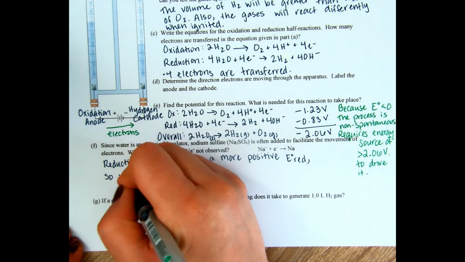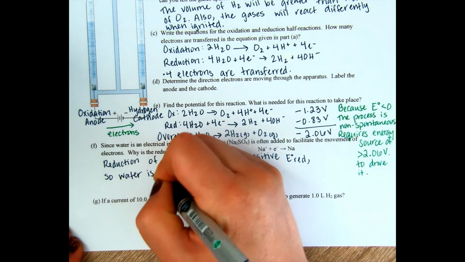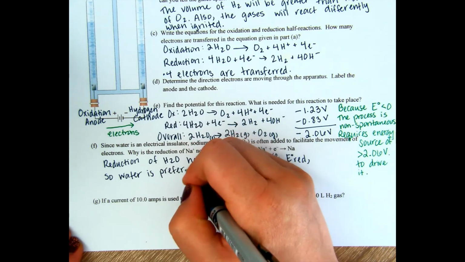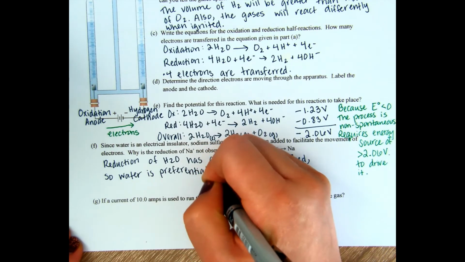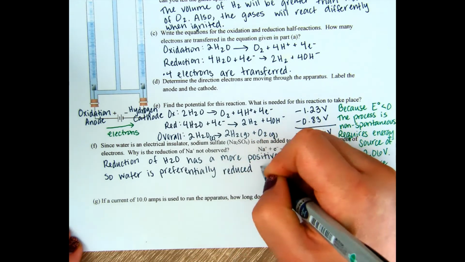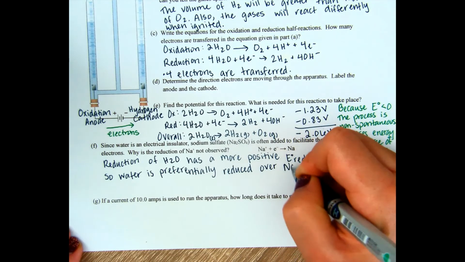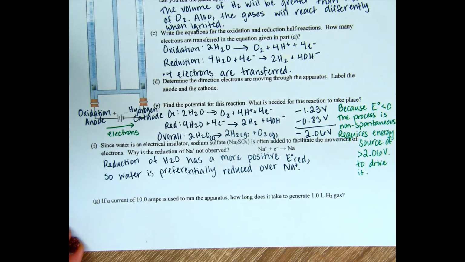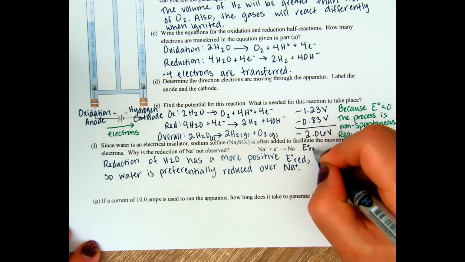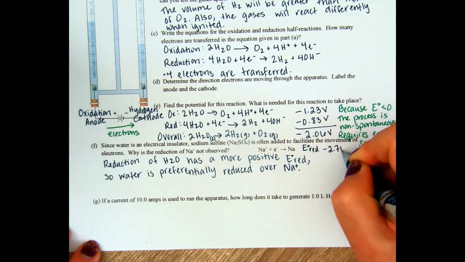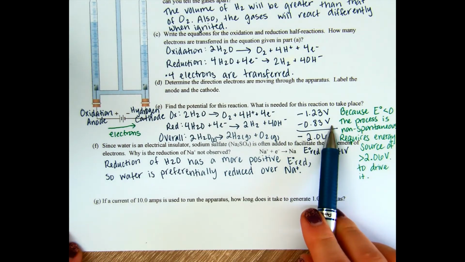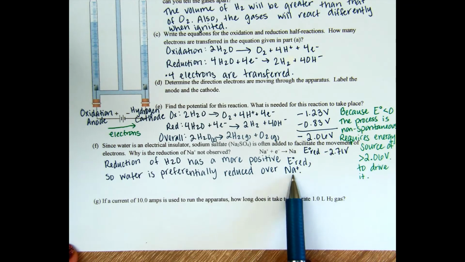So water is preferentially reduced over sodium ions. Okay, so right here, our sodium, of course, we looked that up, was negative 2.71 volts, and we're comparing that to negative 0.83. Negative 0.83 is just bigger, so that's the one that's going to be reduced, and the sodium won't be touched.